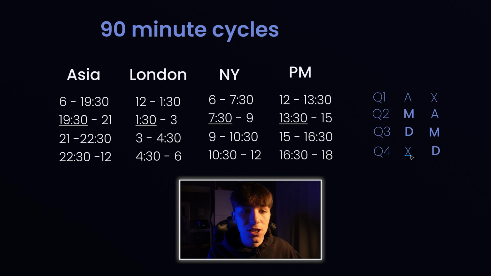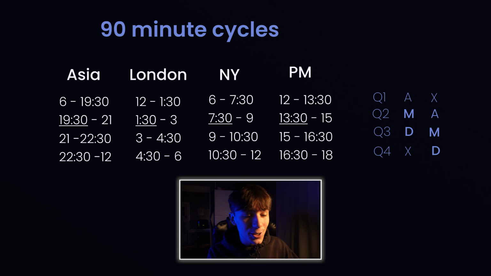So X basically means trend reversal or continuation. Now let's say 6 to 7:30 on the New York session was not an accumulation, but it was a trend reversal or continuation. Well, then you can expect Q2, from 7:30 to 9, to be the accumulation. Then Q3 would be the manipulation, and lastly Q4 would be the distribution.